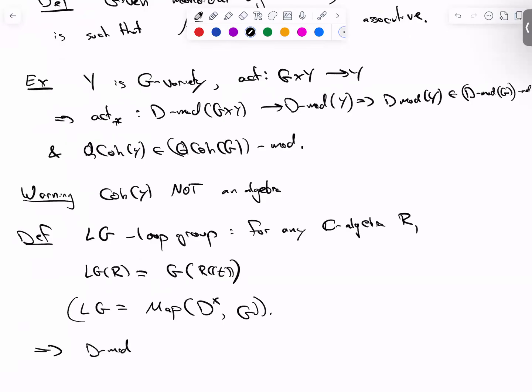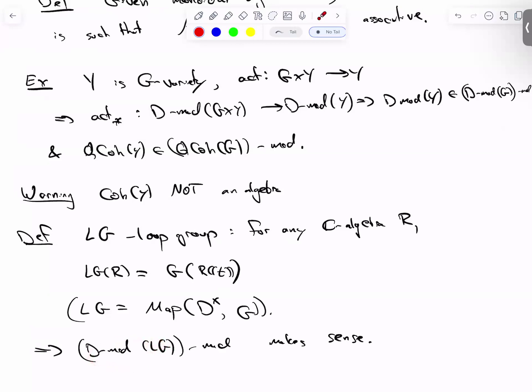D mod of LG makes sense. I explained D mod of something finite dimensional, like a finite dimensional group, makes sense.